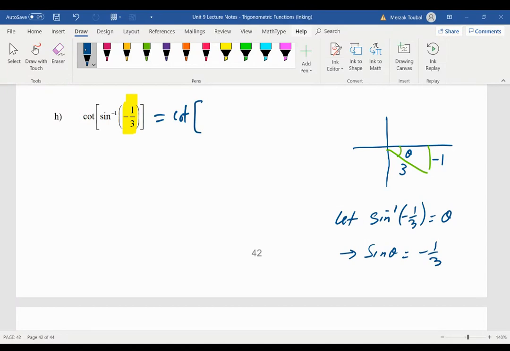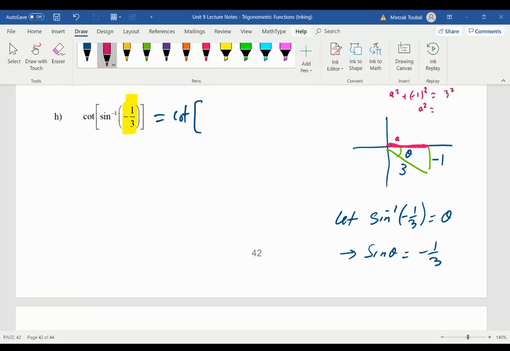Now we're dealing with cotangent, so most likely we're going to need to determine the adjacent. It's not obvious, so I'm going to use the Pythagorean theorem. Let's call the adjacent a for now. So a squared plus negative 1 squared equals 3 squared.